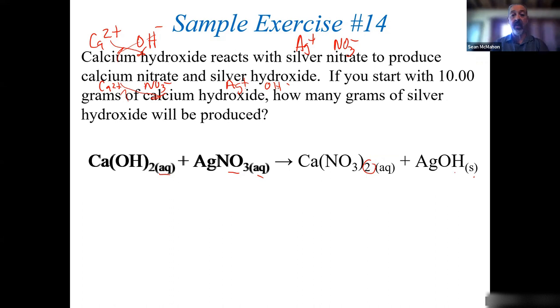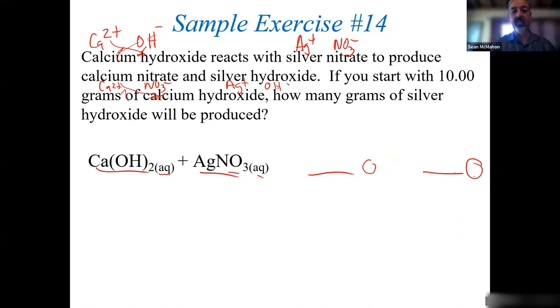By the way, this is a double displacement. How do I know? Compound, compound, new compound, and more specifically of a double displacement, it's precipitation because a solid was formed. If I had given you these formulas, how could I predict the products if they weren't given?